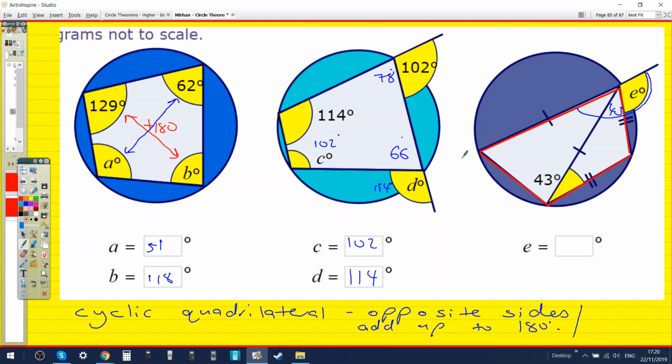So is there any that you can figure out? Oh yes, the angle at the tip of the triangle, which is 94. And then from there on, I'm not too sure.